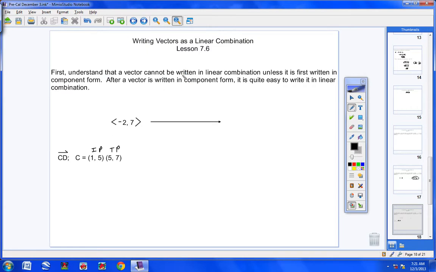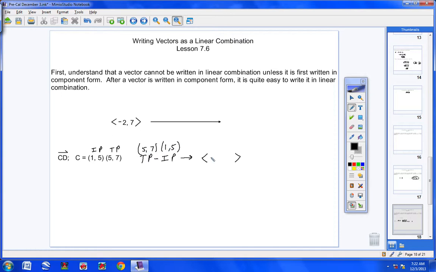You cannot write a vector as a linear combination unless it is first written in component form. So we must first take our terminal point minus our initial point, and that will give us component form. My terminal point is 5, 7. My initial point is 1, 5. And we're going to subtract them.